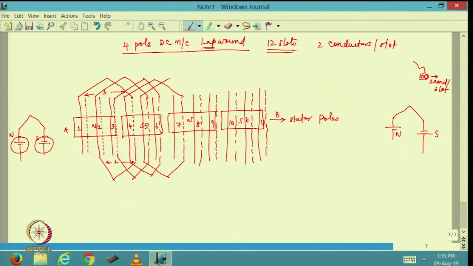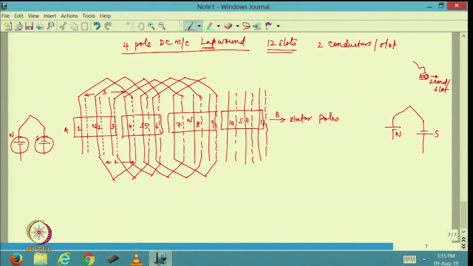From 5 it will go like this, 5 plus 3 is 8. So, it is going to 8 and 8 minus 2 is 6. So, it is going to 6. From 6 plus 3 it will go to 9. From 9 it will go back to 7.